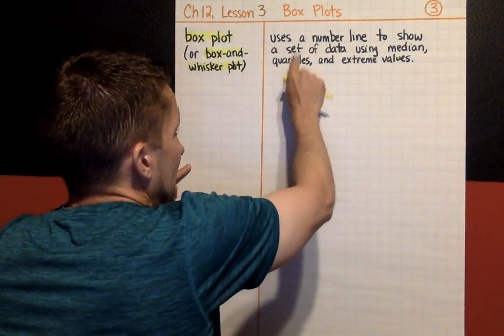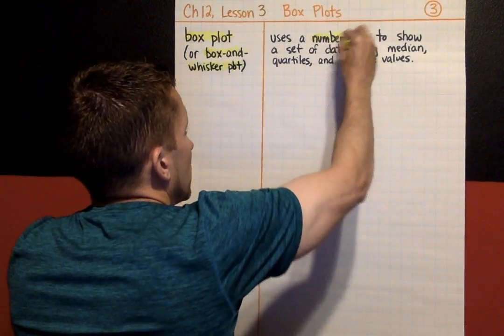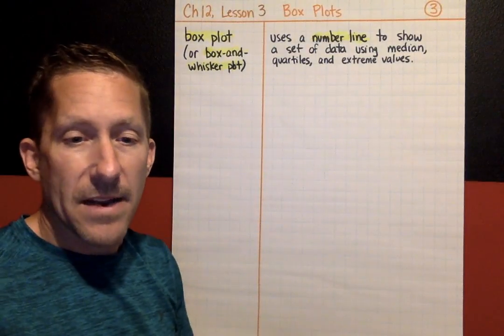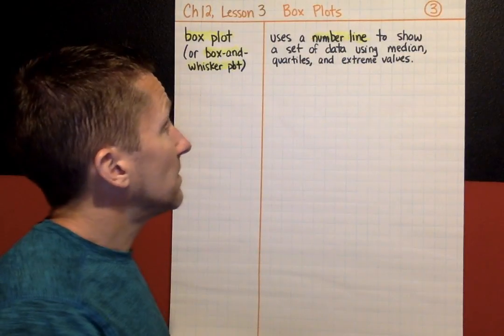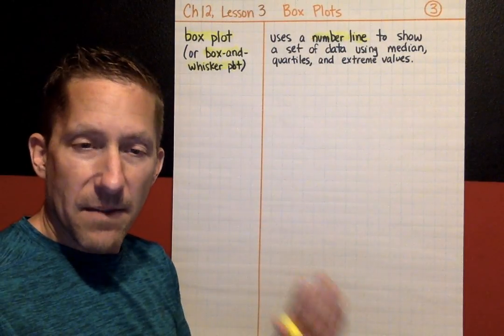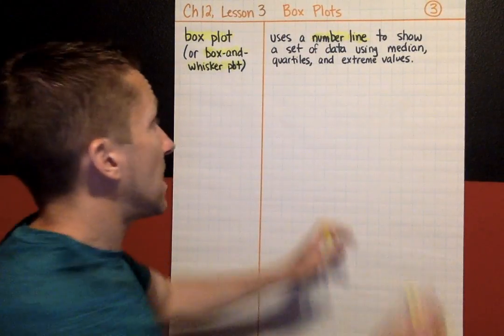So key ideas in the definition itself. It uses a number line. So you're going to create a number line. Something you should remember about a number line is it's got to have consistent intervals. You get to decide what they are, but they have to be the same number. Each mark or line on the number line itself has to be the same amount.